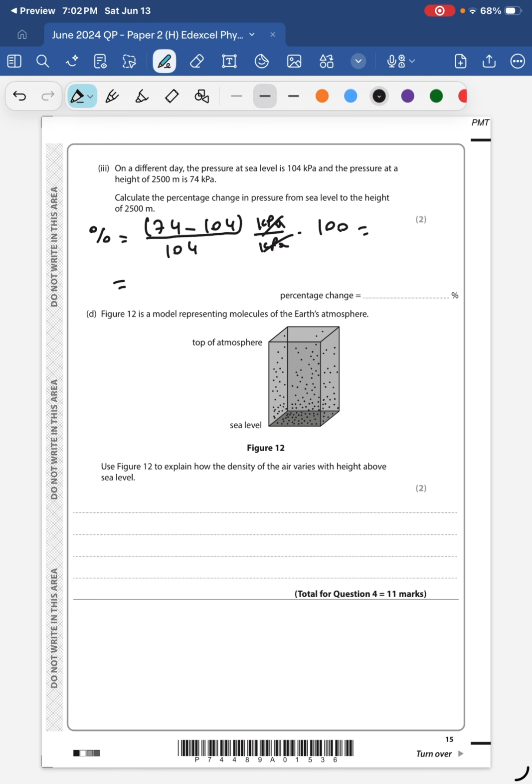So this is minus 30 over 104 times 100, which is minus 28.8%, about minus 29%. Actually, it's significant. I didn't expect that. Okay. All right. D.